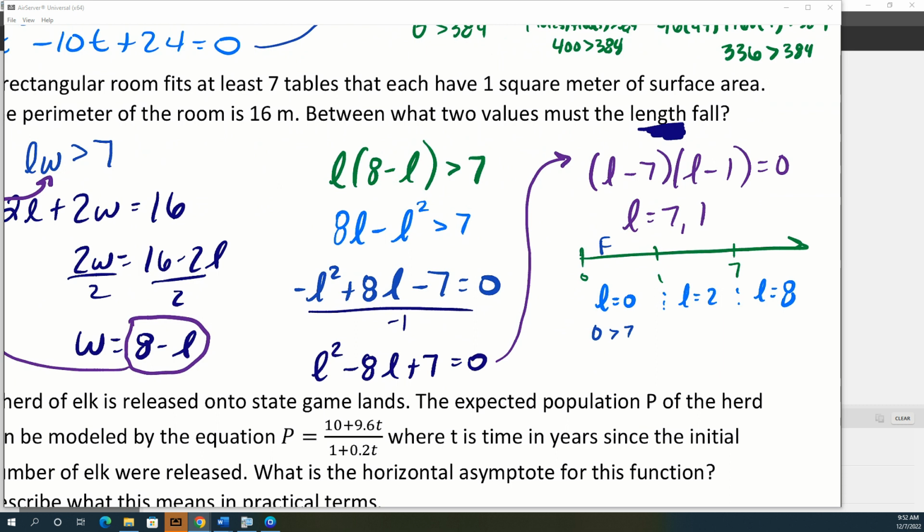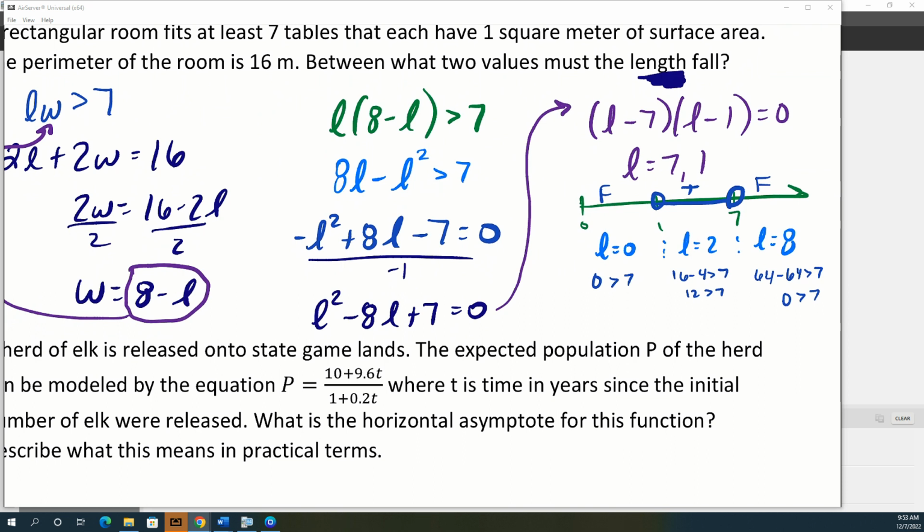I'm going to put in 2. I get that 12 is greater than 7, which is true. And then when I put in 8, I get that 0 again is greater than 7, which is false. All right, so it looks like the length of the room must be between 1 and 7 meters.